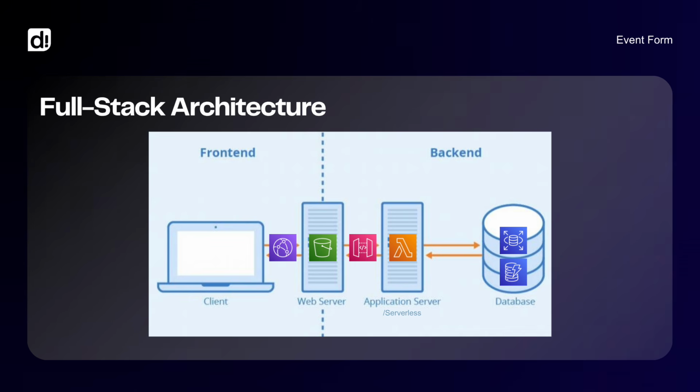The request triggers our application server, or in our case, Serverless Lambda, where our Node.js code runs. Then Lambda talks to our databases, RDS for structured event data, and DynamoDB for live RSVP counts. Finally, the data flows back through the same path to the user, creating that smooth front-end to back-end experience.